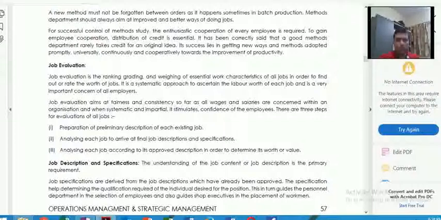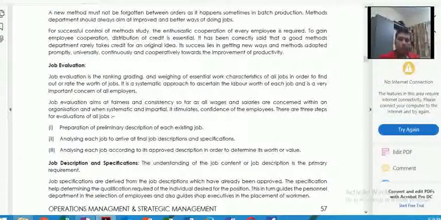Evaluation means to evaluate, to analyze the working conditions, the salary or the money given to the workers, to assign the work depending upon the previous performance, whether to give promotion to the worker, whether to give more responsibility to the workers. The decisions on all these things which I have mentioned here come under job evaluation.